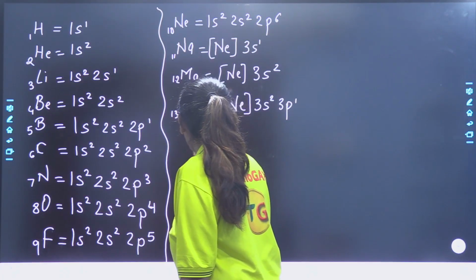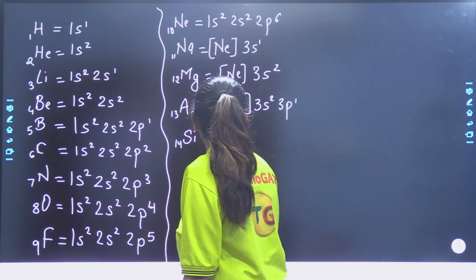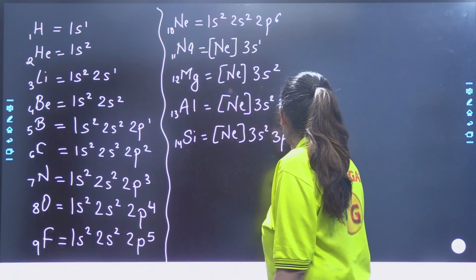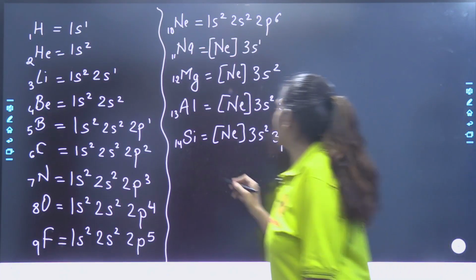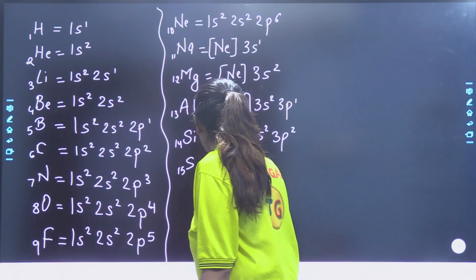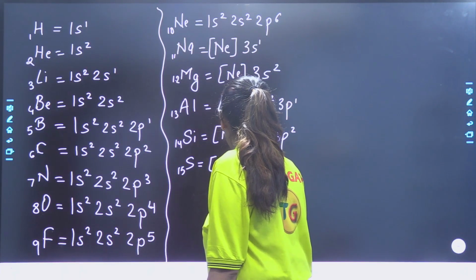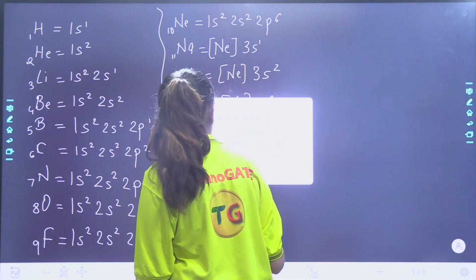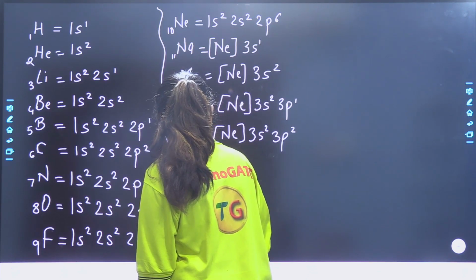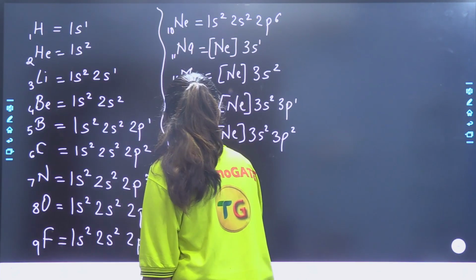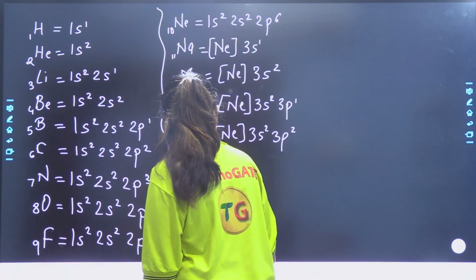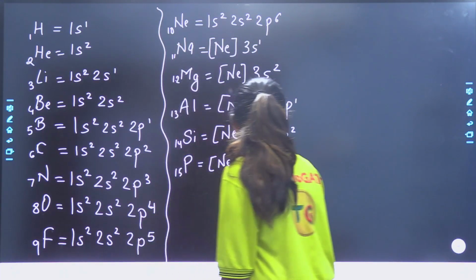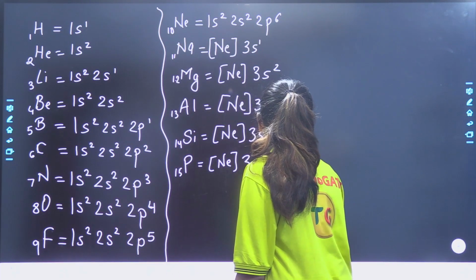After aluminium, what do we have? Silicon: 3s2, 3p2. Phosphorus.